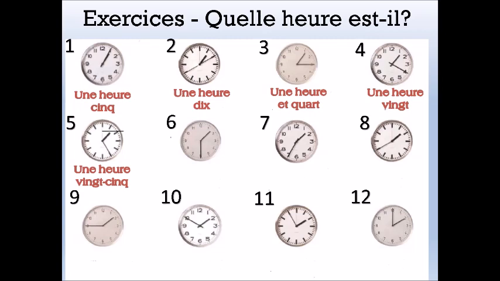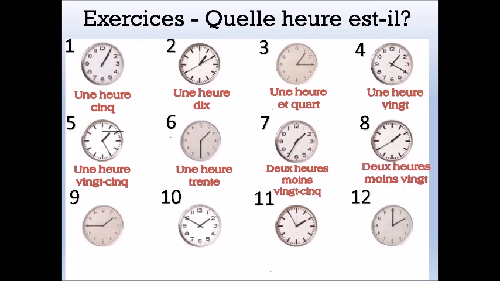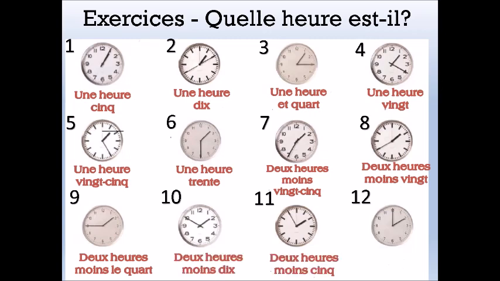Numéro 6, 1h30. Numéro 7, 2h moins 25. Numéro 8, 2h moins 20. Numéro 9, 2h moins le quart. Numéro 10, 2h moins 10. 11, 2h moins 5. Et numéro 12, il est 2h.